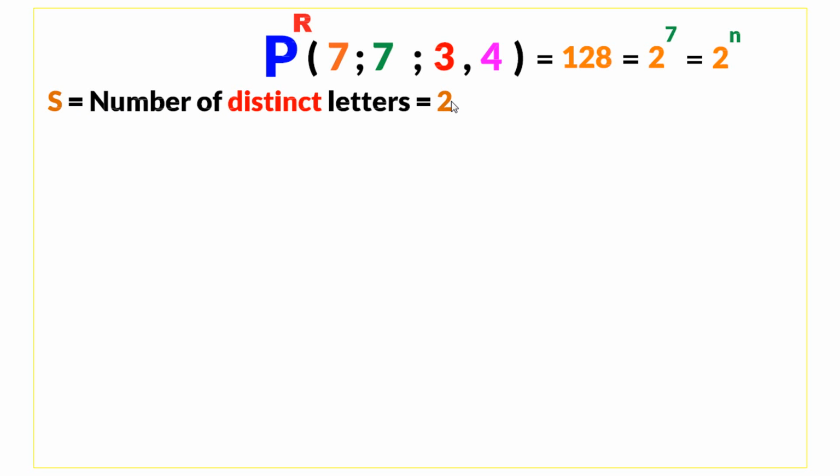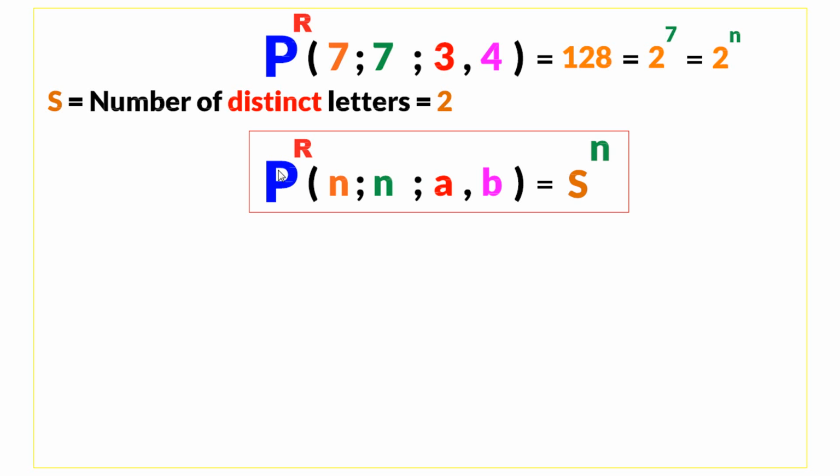So we have A and B, and the number of distinct letters is only 2. So now we can write permutation with replacement of n objects taken n at a time with A and B identical letters is equal to the number of distinct letters raised to the power of n.